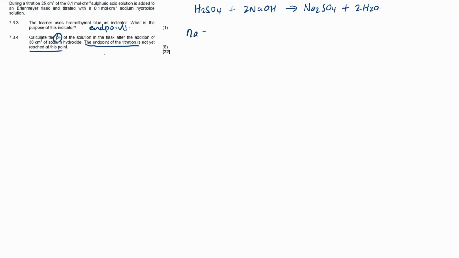Number of moles of acid equals C times V. The concentration being 0.1, the volume 25 over 1,000. That's going to give us 2.5 × 10⁻³ moles of H2SO4 at the beginning.